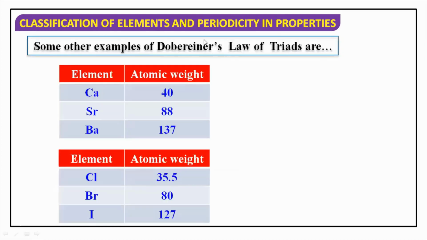If you take their masses, 40 plus 137 divided by 2 will approximately give us 88. Similarly, the average of 35 and 127 gives approximately 80. This is how he discovered groups of three elements which have certain relationships in their atomic weights.